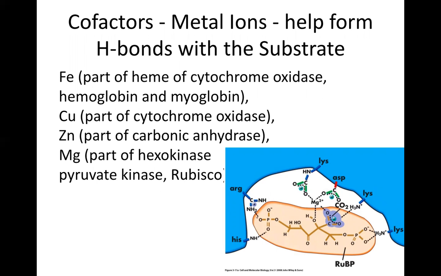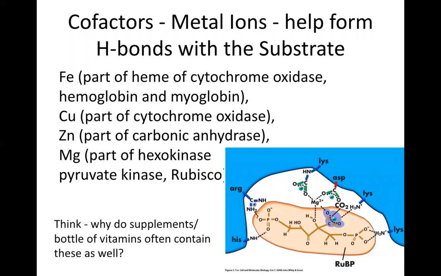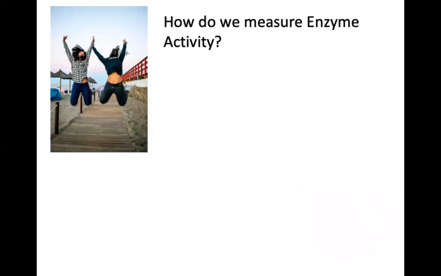So they bridge the active site of the enzyme with the substrate. And think, why do supplements, bottles of vitamins often contain these as well? Because again, they're an essential part of many, many enzymes in our body. So many enzymes in our body require these metal ions to function.